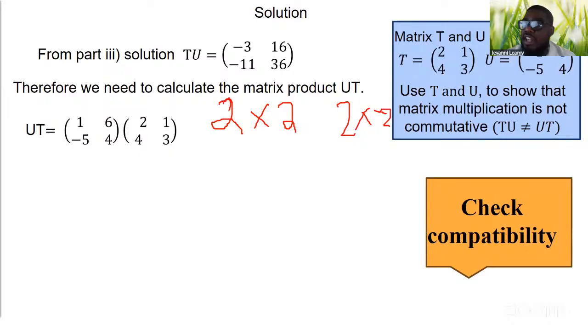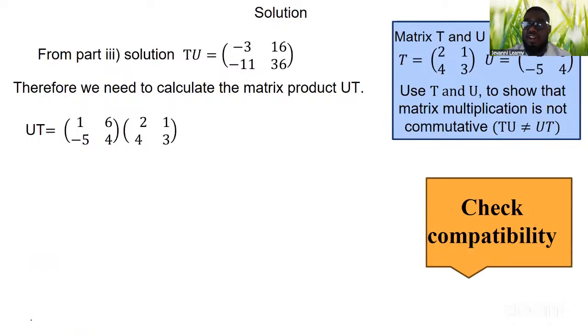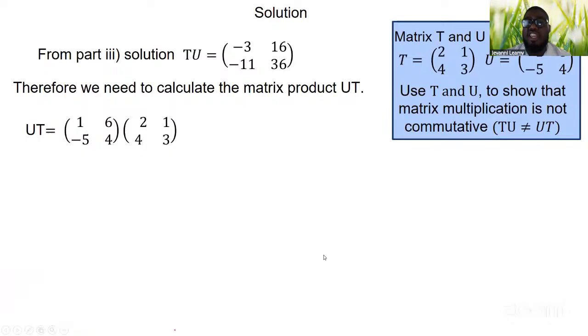We use the inner dimensions, and sorry for the bad handwriting, to check compatibility. They are compatible because the number of columns in the first matrix is equal to the number of rows in the second matrix. That's the first thing you want to do, whether you're adding, subtracting, or multiplying matrices: check if it's compatible.